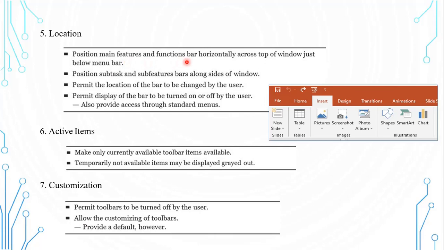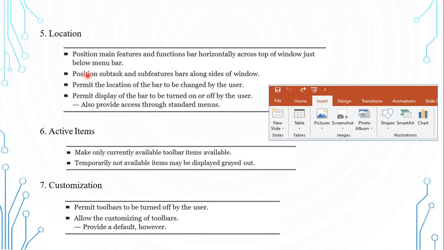Position the main features and functions bar horizontally across the top of the window just below the menu bar. As I said, if you consider the PPT application, you have the menu bar at the top. Below the menu bar you can horizontally keep this toolbar. Toolbar buttons can be kept below the menu bar.